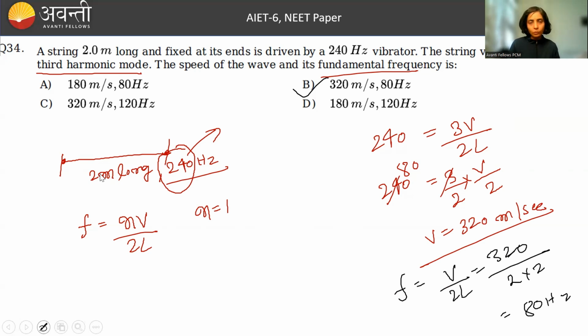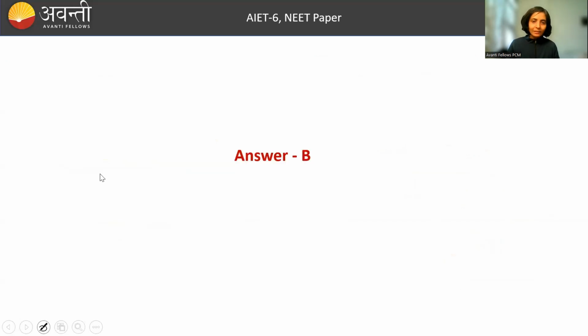What happens is we generally forget the formula. So for strings fixed at two ends, if you have forgotten the formula I wrote, what you will do is remember that whatever is fixed is always known, so the amplitude will always be 0 there. The first harmonic diagram will look like this.